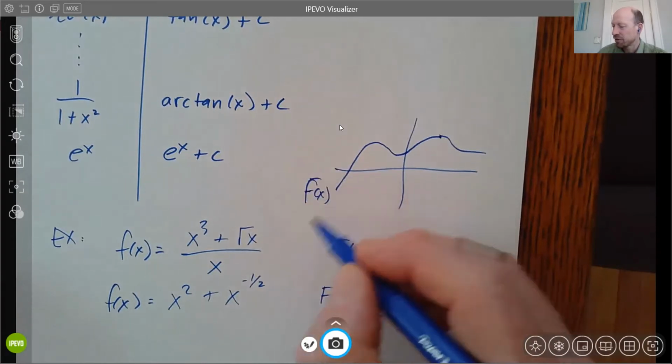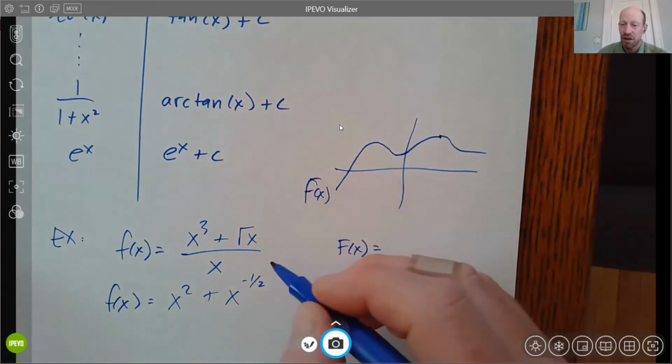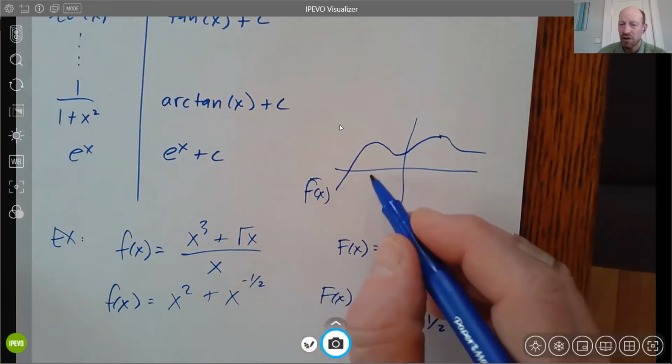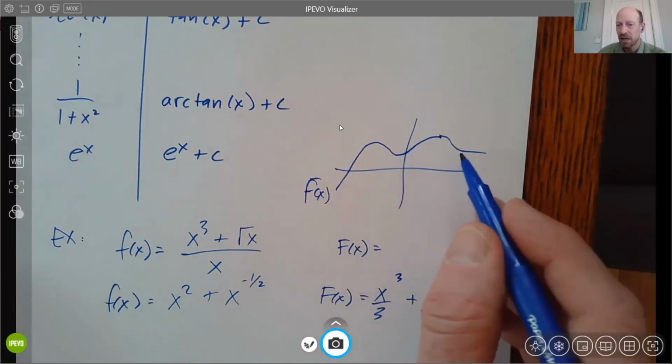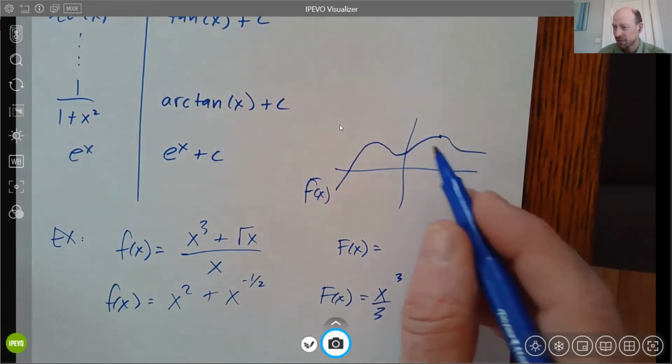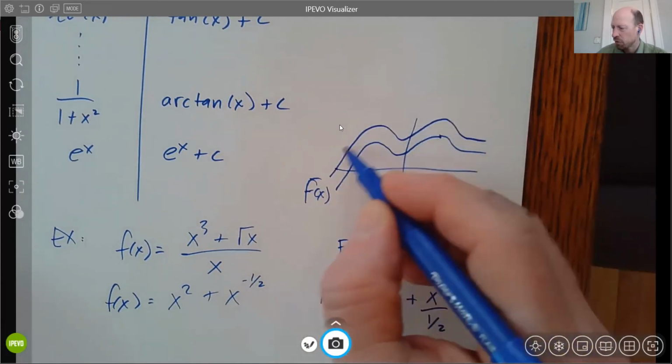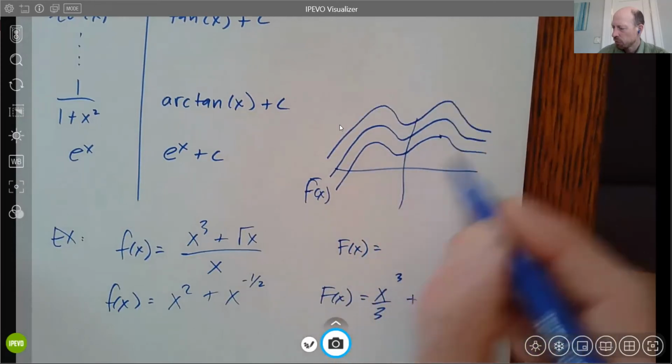Don't take this literally. This is not actually a graph of f. But if I know where it's increasing and decreasing and concave up and concave down, that tells me it looks like this. But that same function could be right up here, or right up here, or way down here.